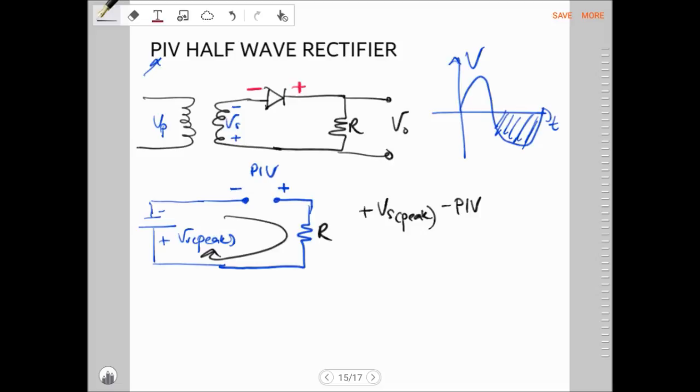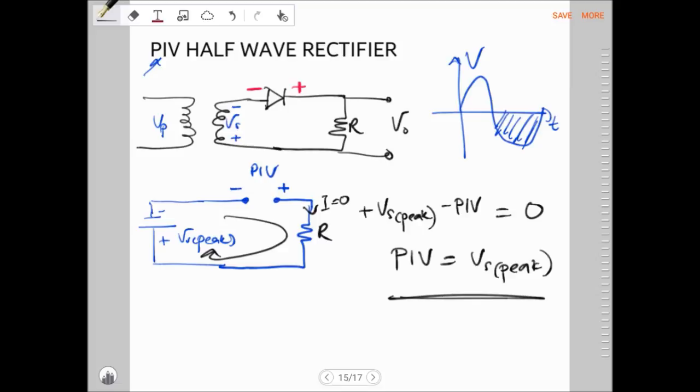Since this is reverse bias, there's no current, I equals 0, so IR will be 0. Therefore your peak inverse voltage will go to VS peak. So that's how you get the value.